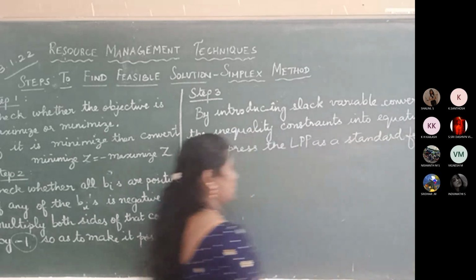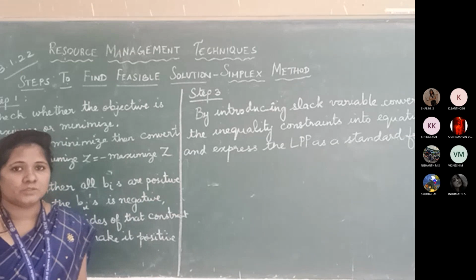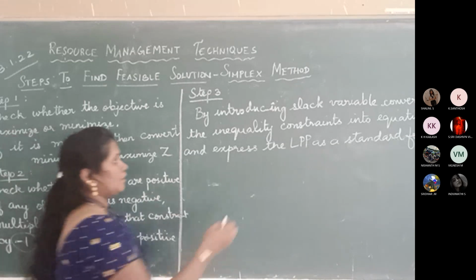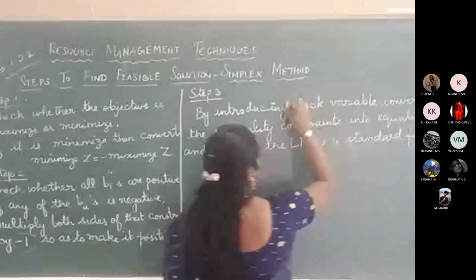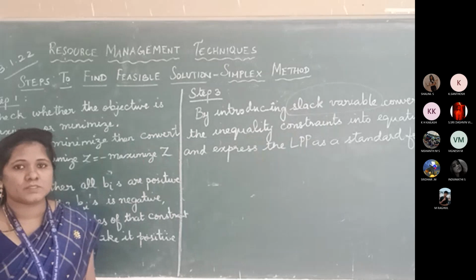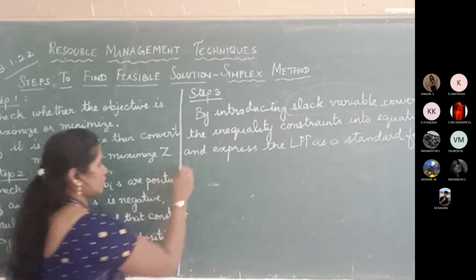The given question will be in your canonical form, and you will change it to your standard form by introducing slack variables. However many constraints there are, accordingly you will write your slack variables. So that will be your step 3.